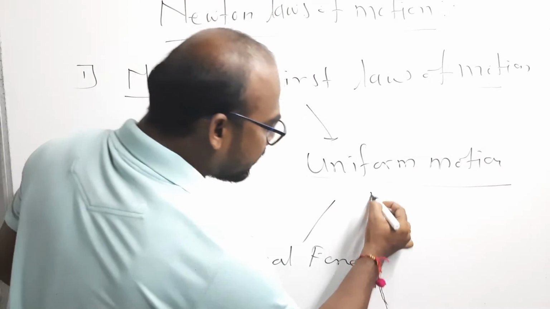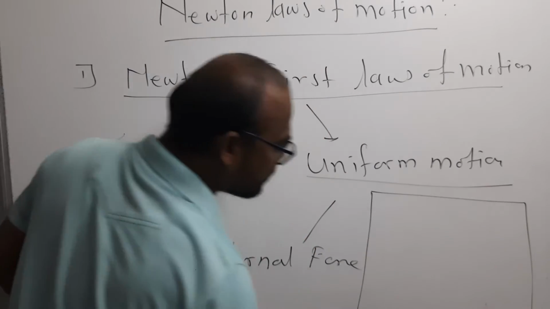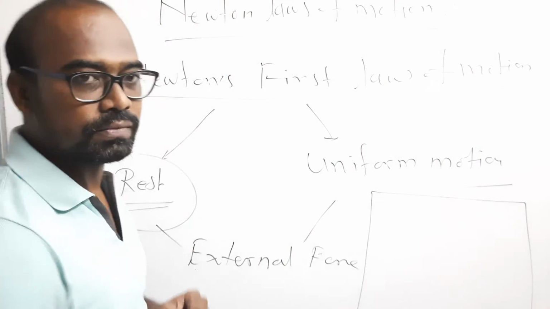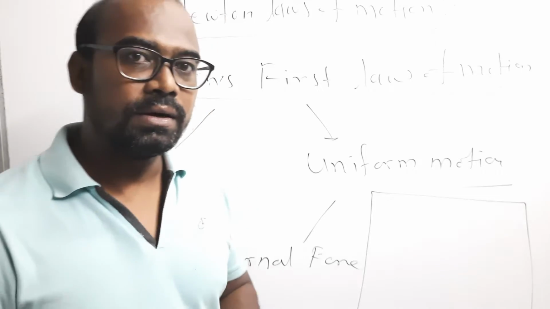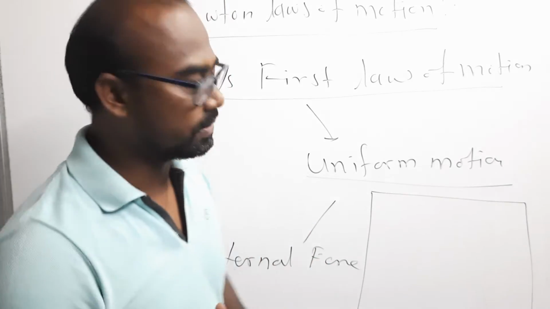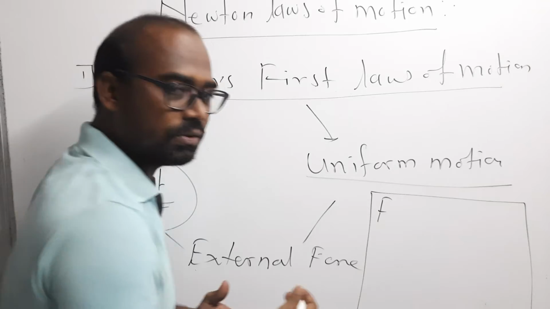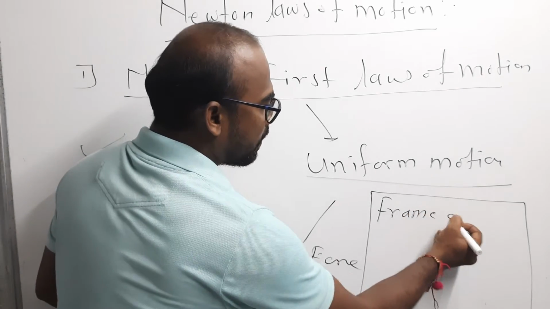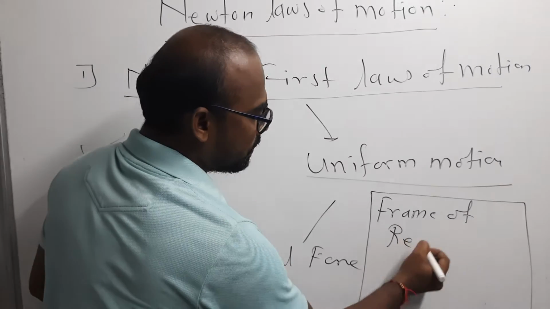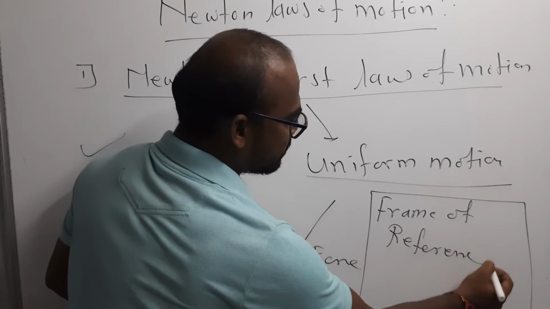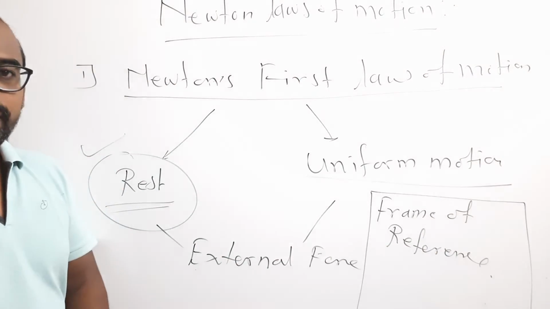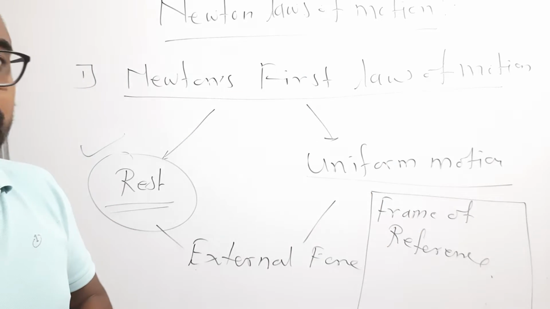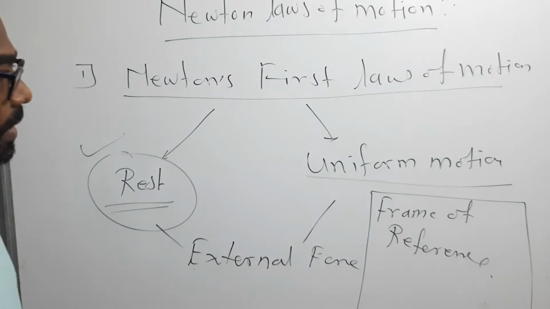We remember one thing, that these laws follow the frame of reference. We will discuss this during the numericals, in a particular frame of reference. Okay, right? So this is all about Newton's first law of motion, right?